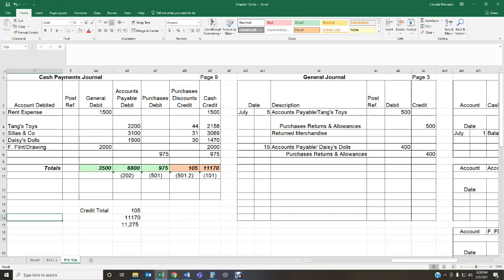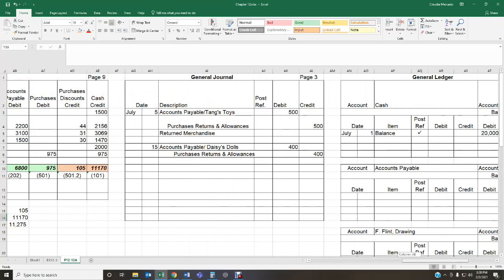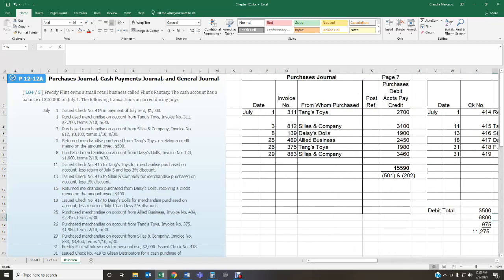And then these on your general journal, they just get transferred over to the general ledger. Okay. Very good. So that is basically it for my general journals. Now that we are done with that, we can start posting from our respective journals into the general ledger. So we're going to go by date.